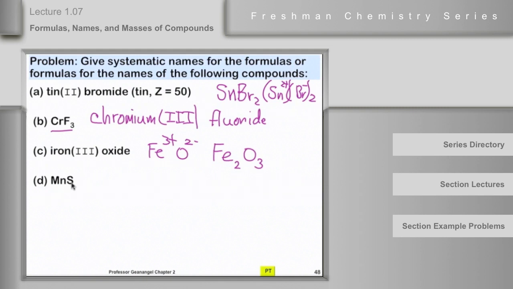Okay. MnS. Mn is manganese, and of course S is sulfur. It's a binary ionic compound. How do I know? A metal and a nonmetal. Now, since manganese is a transition element, I don't know what charge its ion has. So I have to get sulfur to whisper it in my ear. Okay, the sulfur ion, of course, is sulfide, S2 minus.